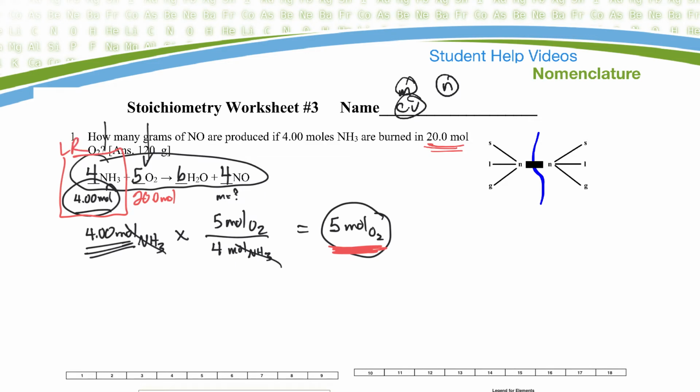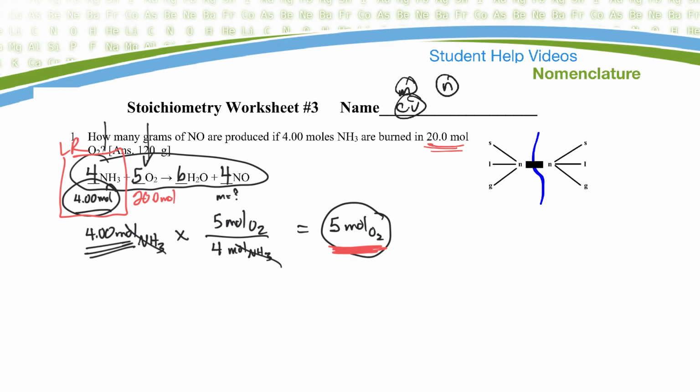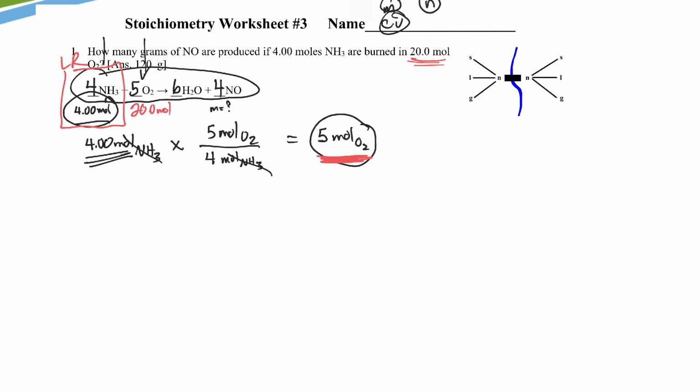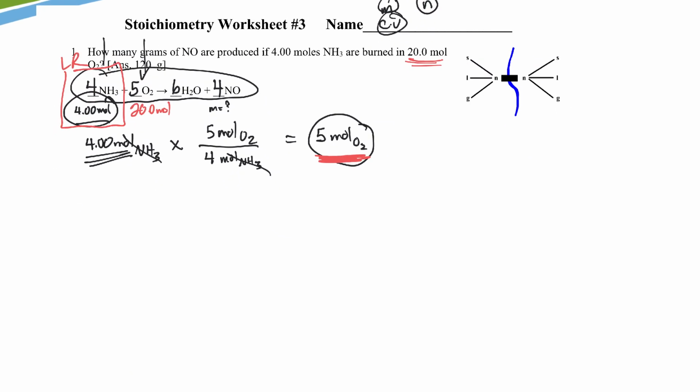So once I've figured out which is my limiting reagent, let me go down and get rid of this stuff here. Once I know my limiting reagent, now I can do the stoich, and I forget about the oxygen for now. So all I want to do is go, they say how many grams of nitrogen oxide are produced. So I'm starting here.